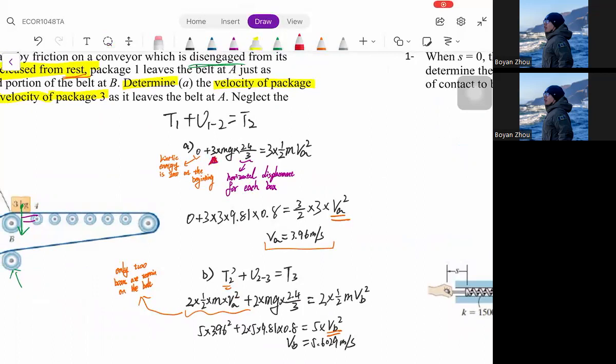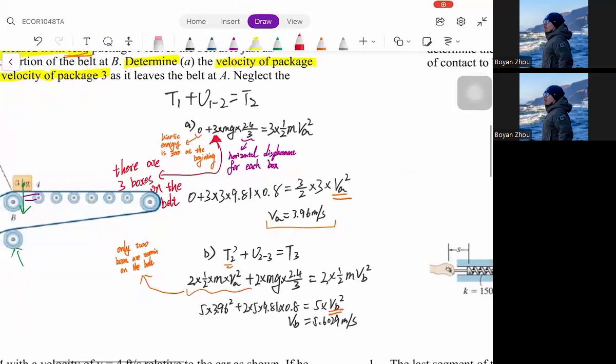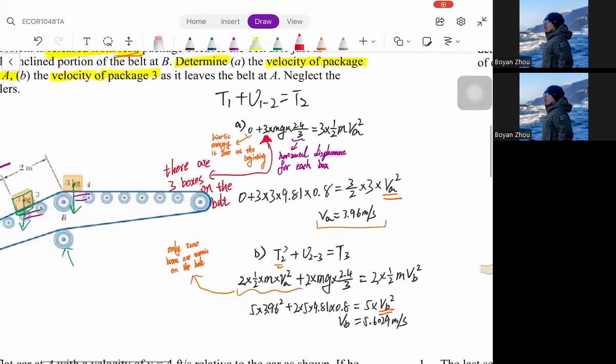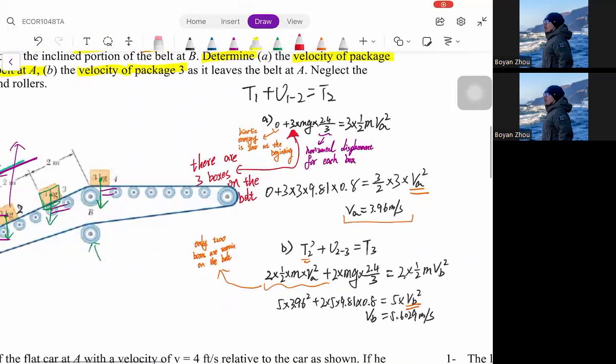Can I mark it down? So the 3 here means there are 3 boxes on the belt. Yeah, so that is the third question.